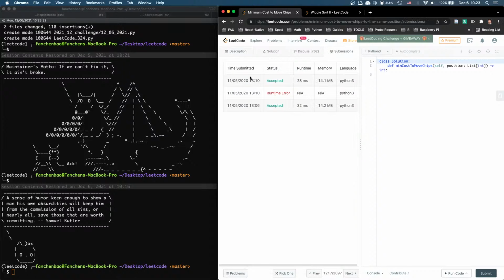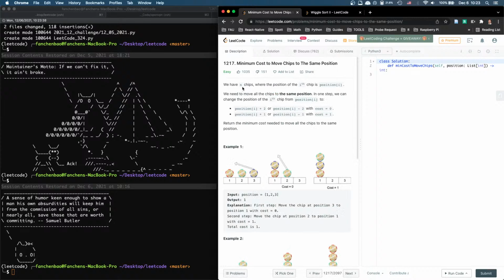Yeah, I have. Like last year. We have n chips, and the position of the ith chip is position[i]. We need to move all the chips to the same position. In one step, we can change the position of the ith chip from position[i] to either +2 or -2 with cost 0, or +1 or -1 with cost 1. Return the minimum cost needed to move all the chips to the same position.